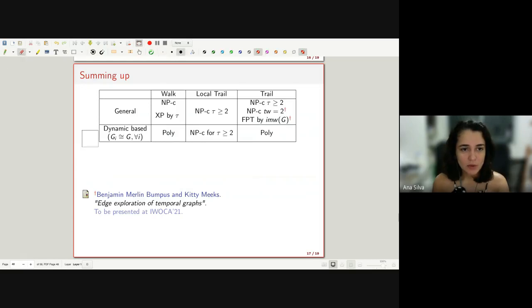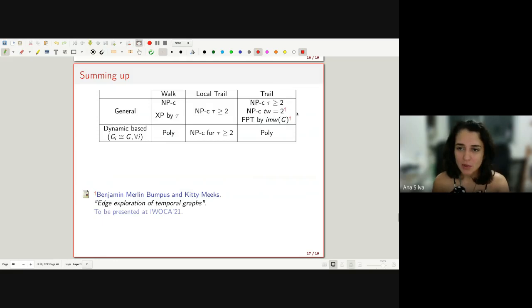Looking at the general temporal graphs, we have proved that the Eulerian walk problem is NP-complete, but can be solved in FPT time parameterized by the lifetime. However, local trail is NP-complete already for lifetime 2, as well as Eulerian trail.